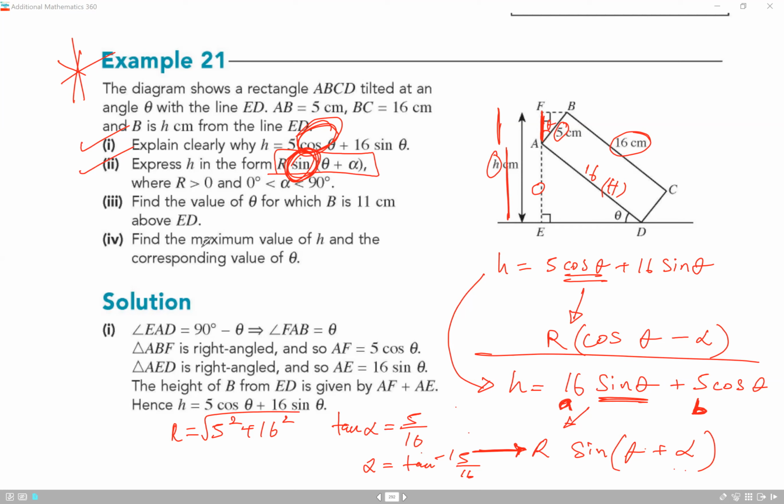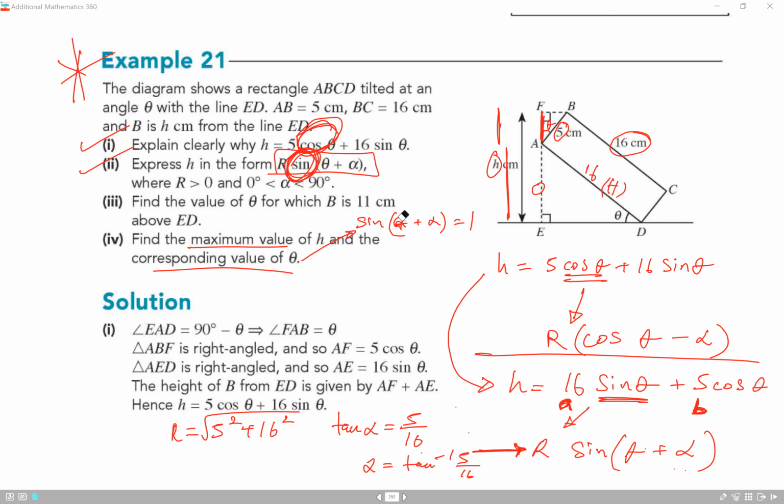The maximum and minimum value, we already talked about it. So it's quite easy. If they ask you for maximum value, that means sine theta plus alpha must be equal to 1. That's the only thing that you can have.